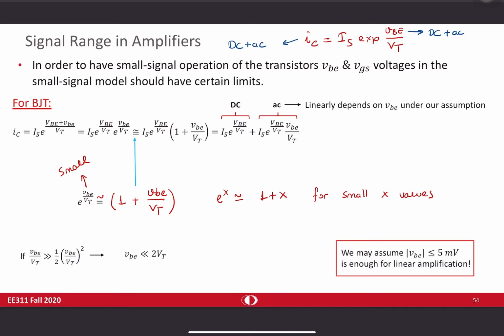If you don't want to make this approximation, you can use Maclaurin series expansion. It will provide the same thing. So in that case, if you don't want to use approximation, you need to write e to the power x as 1 plus x, x squared divided by 2, x cubed divided by 3, or something like this. And you know, it will end up with the same result, so you don't need to worry about it.